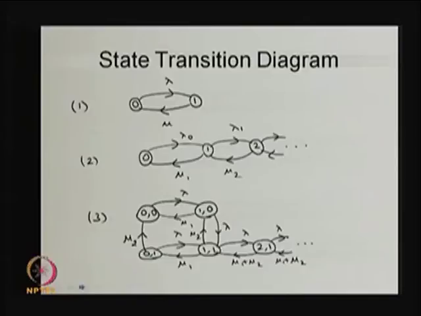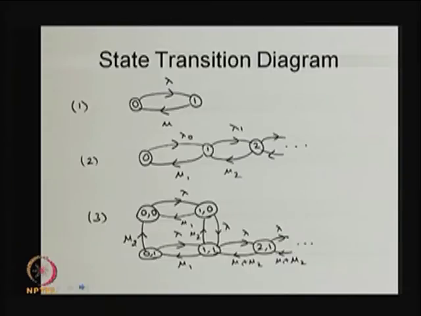Now I am going to give a few state transition diagrams for the time homogeneous continuous time Markov chain. You see the first example, it has only two states, 0 and 1.